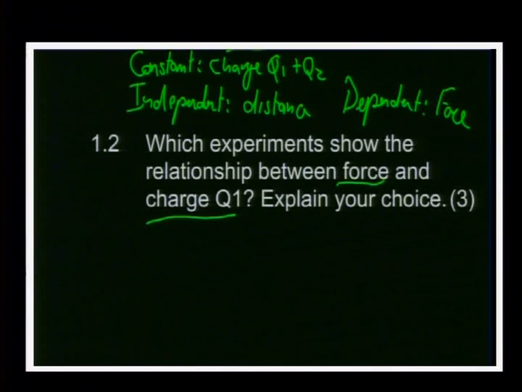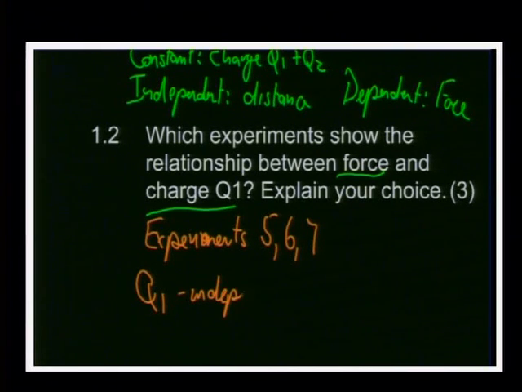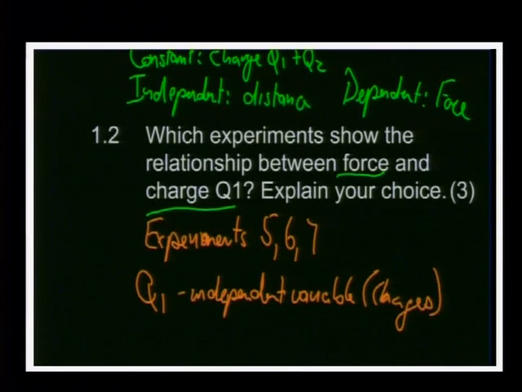So let's write it down as we would. We would say experiments 5, 6, and 7. And what we're going to say here is that Q1 is the independent variable, it changes, and it's the only thing that changes.